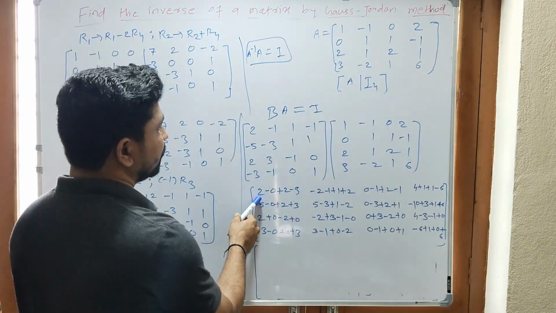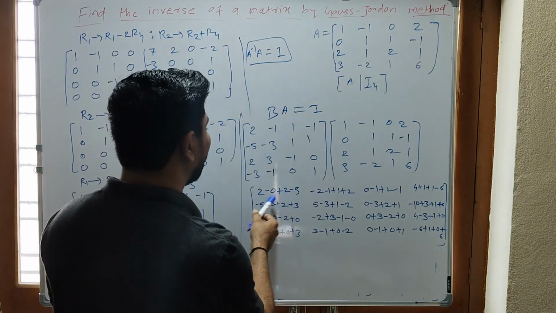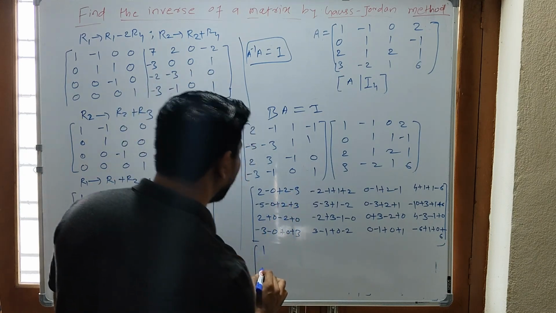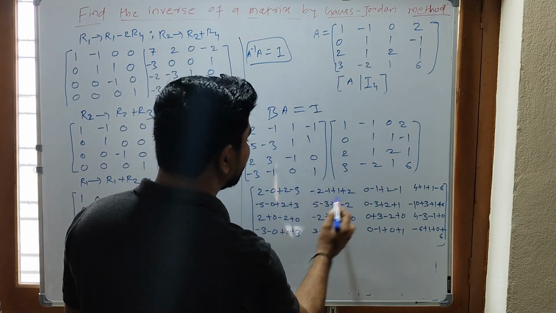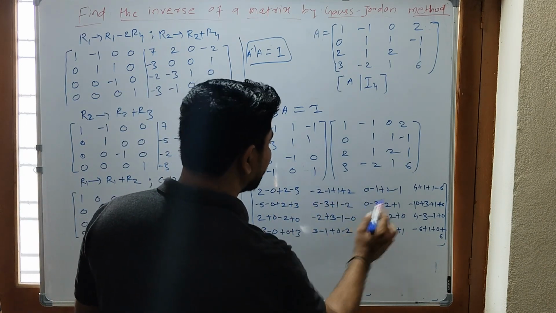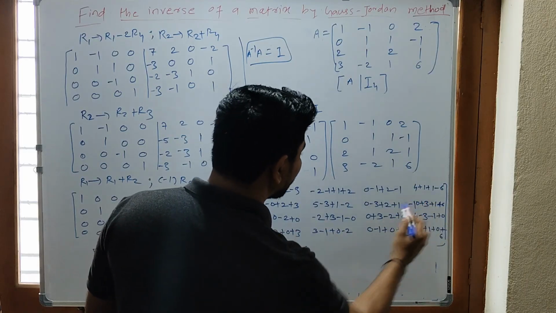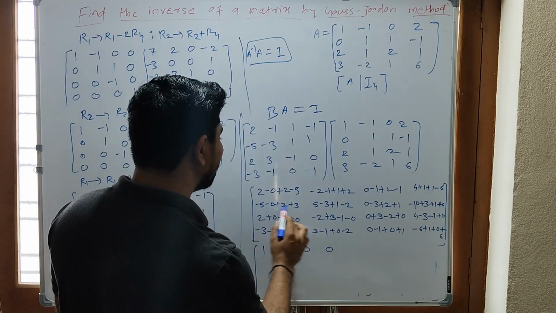Here you can observe this matrix. Here this is plus 4 minus 1 1. Here you can see this is 0, this is 0, this is also 0, and this is also 0.